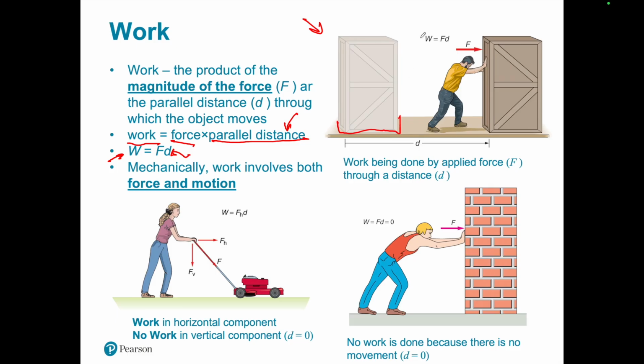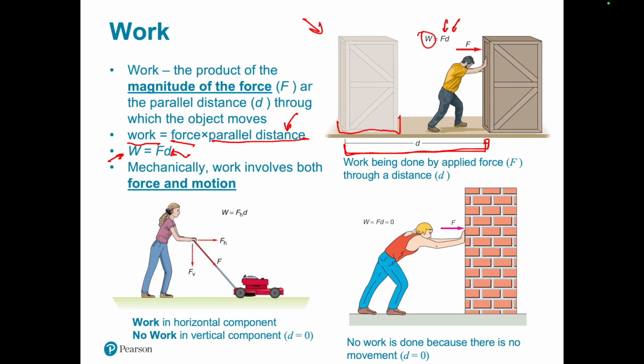He pushes it across the floor, and he's moved it a distance from here to here, so he's done work. He can take this distance, measured by a meter stick or something like that, put that in d. He can then put in how much force he put in, and then he'll figure out how much work he put in. And so work can only be done if the object that you are applying force to actually moves, okay?